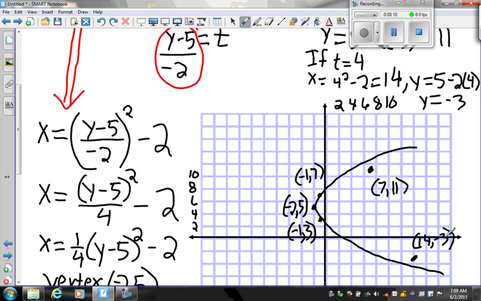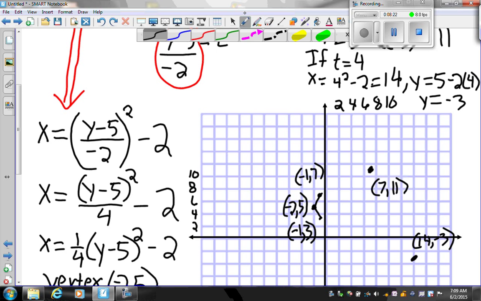Let's adjust our graph appropriately here. We know the graph has to go through those points that we just found out. So now our parabola should look like that.